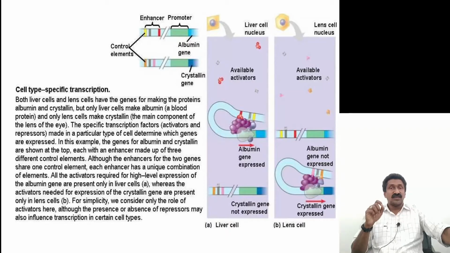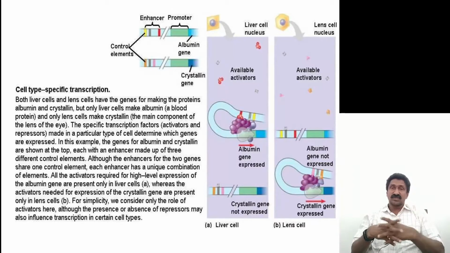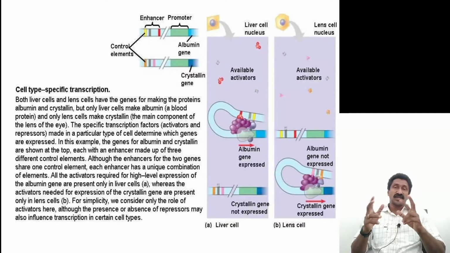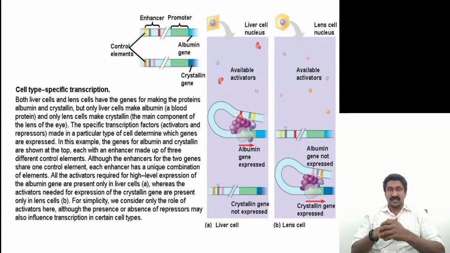For simplicity, we consider only the role of activators here, although repressors, the other transcription factors, are also present. So activators and repressors interact differentially in these two cell types, resulting in different gene expression in the two cell types.